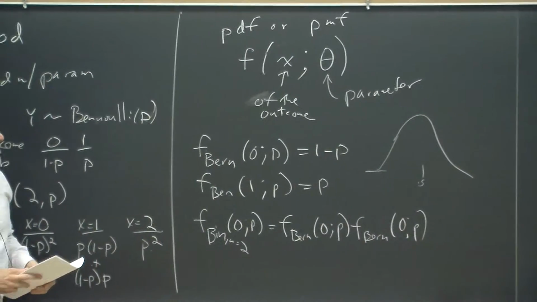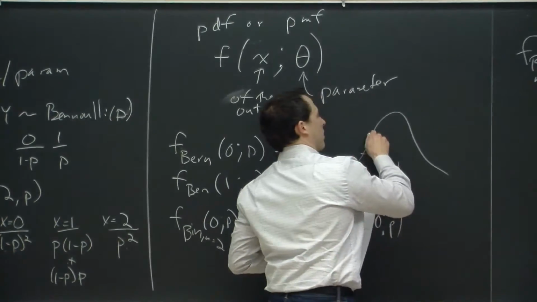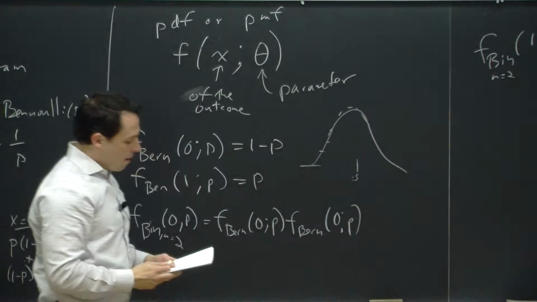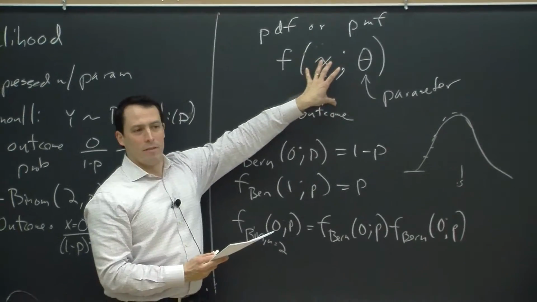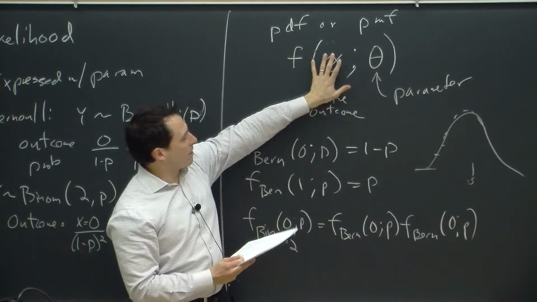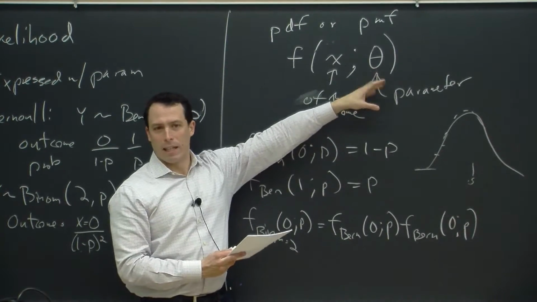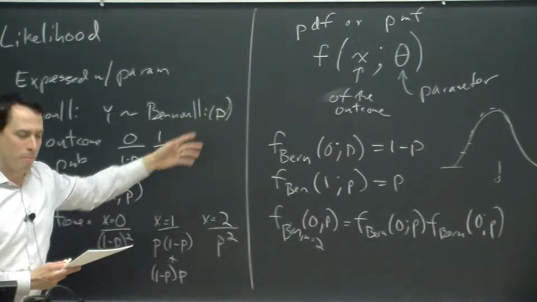That's the kind of graph we draw for the binomial. It's a chunky version of this normal. But if I do the other thing, which is I think of the outcome itself as fixed, so if I fix the outcome, that's a constant, and I let the parameter vary, I get another perfectly good function. Right? It has a different meaning.